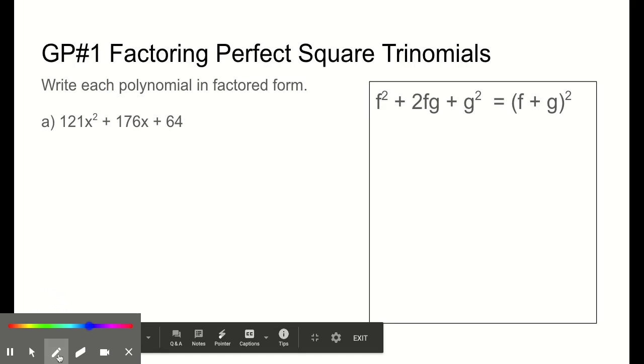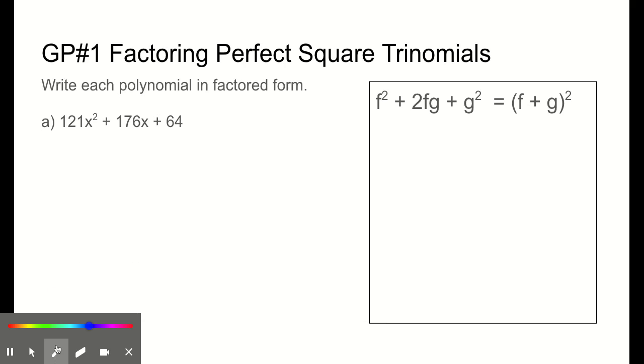The first thing we want to do is just verify that we do in fact have a perfect square trinomial here. So again, we have to identify our f and g terms. What we want to figure out here is what number squared gives us 121x squared, and what number squared gives us 64. The number squared that gives us 121 is 11, and the number squared that gives us x squared is x.